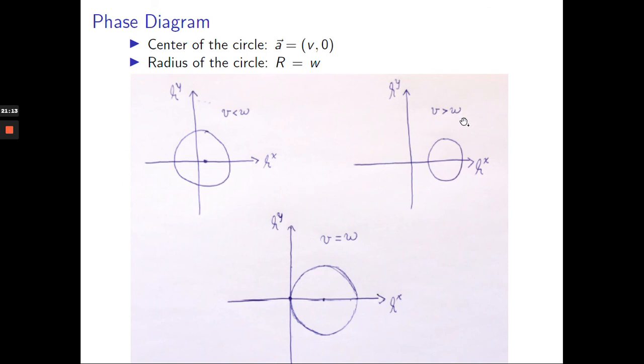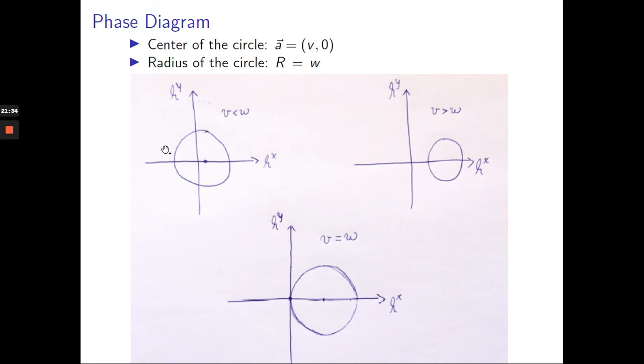And when V is bigger than W, our circle will not enclose the origin. When V equals W, it will touch the origin at one point, as we have seen in the graphs of the bands.